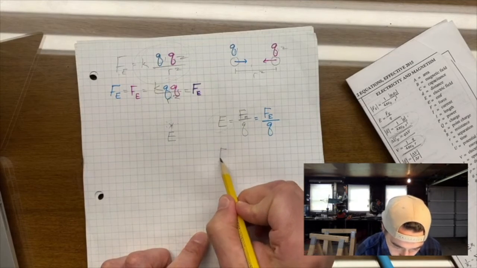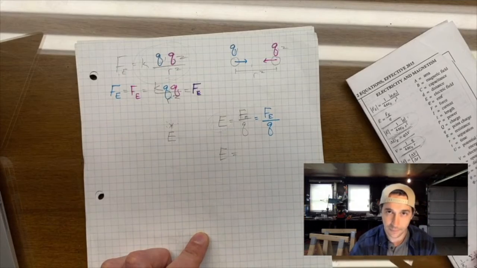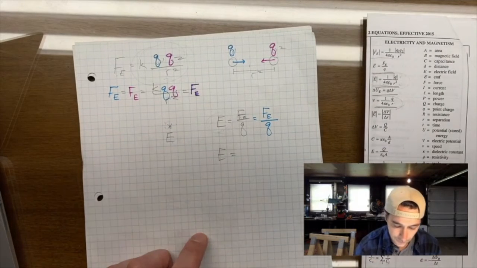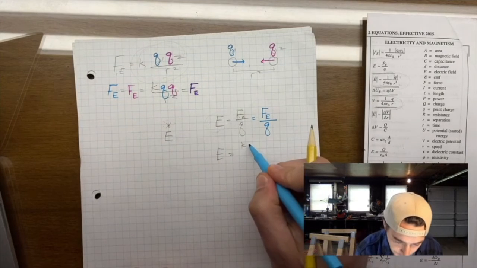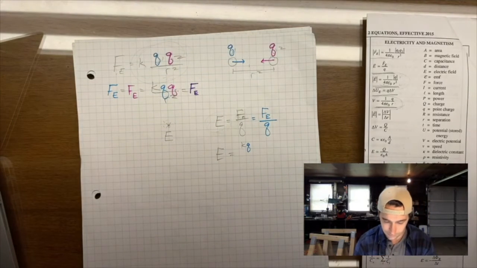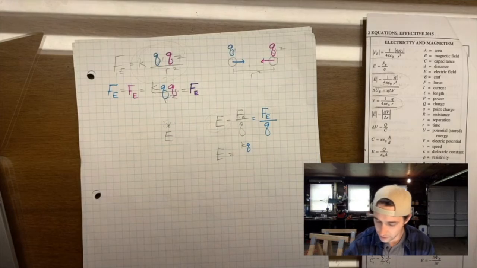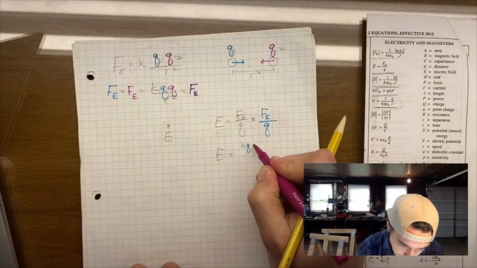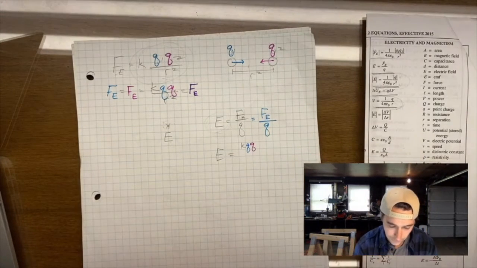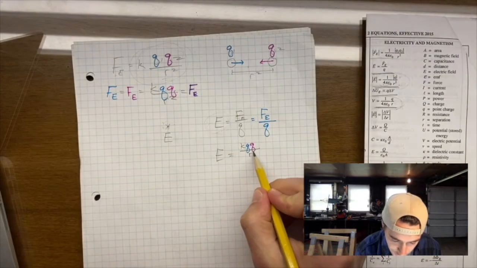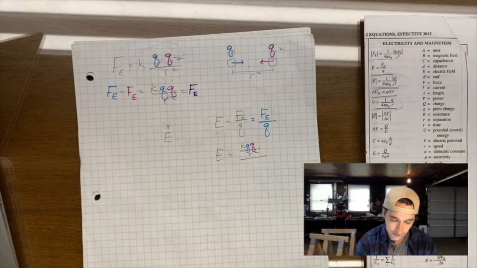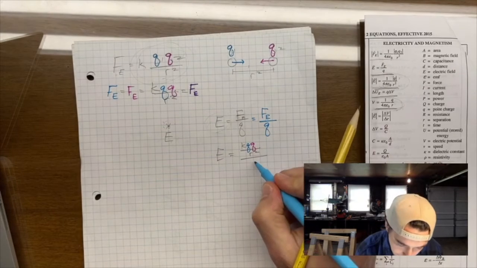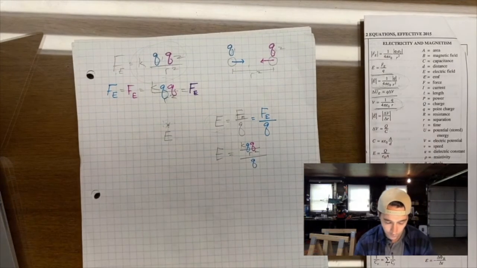We say the electric field, well, it's going to be K, our first Q, our second Q, divided by R squared, divided by Q. And look what happens.